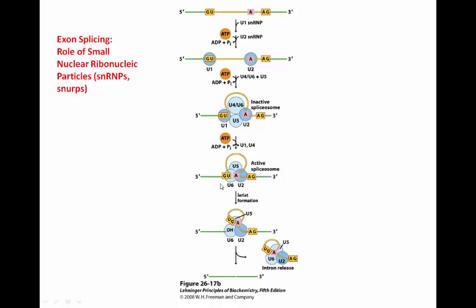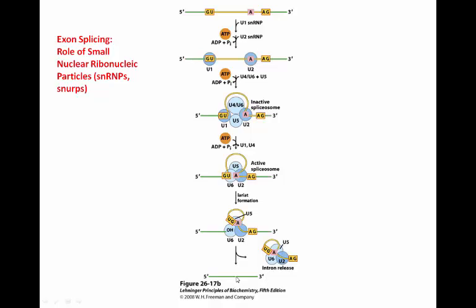It's not showing the nucleotides on the exon, so this OH will attack right here. And so here's our loop. It has the UG on it. There's the UG. It has the AG. There's the AG. There's the intron release. Here's the lariat.